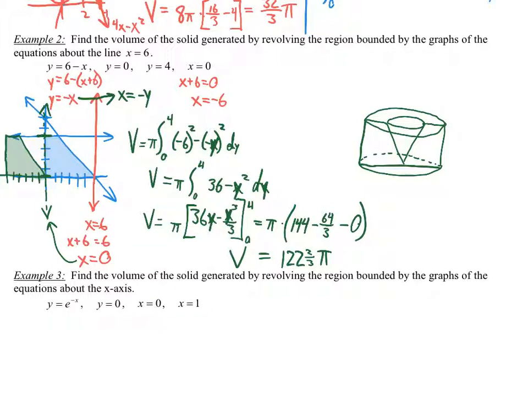I have a question. So the inside is a point, it's not a cylinder. So how can you use r1 squared minus r2 squared because it's a cone inside? Well, because as y changes from 0 to 4, I'm evaluating whatever the radius is at that moment.